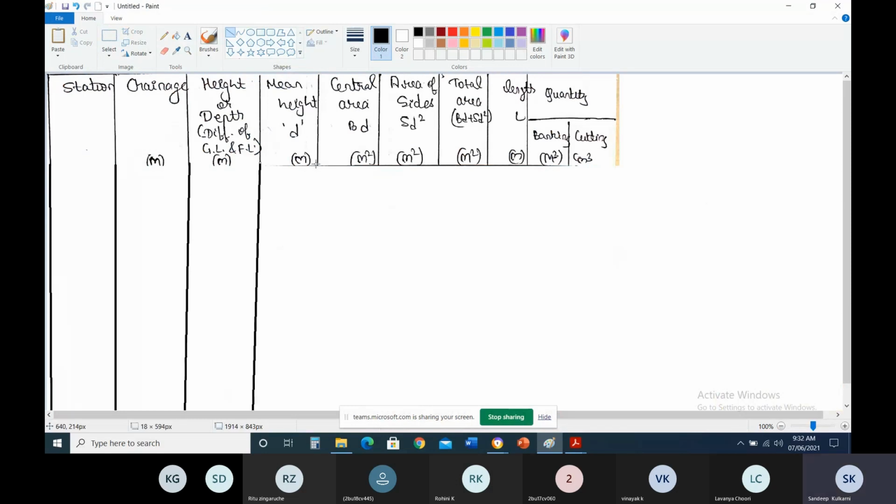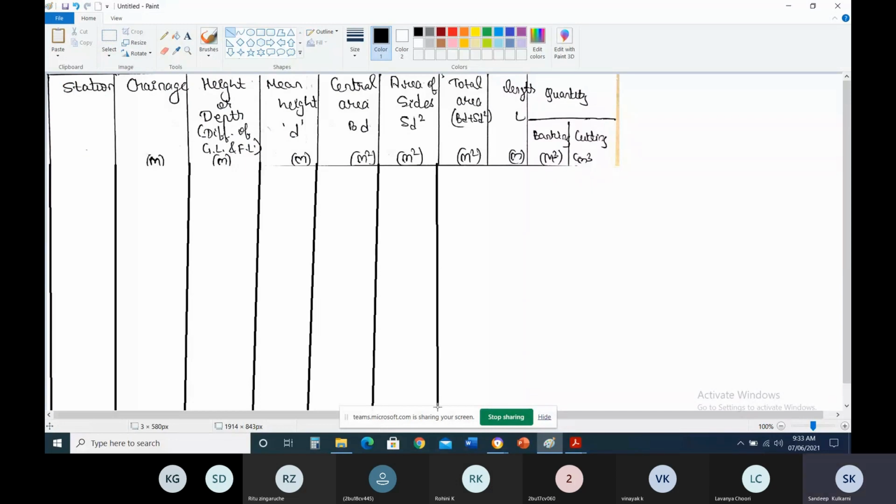I request you to please take a calculator with you so that you can tell me the answers to whatever I'm going to calculate now. Here again I'm telling, we are going to follow any one method. I'll follow the first method, that is the mean depth method.